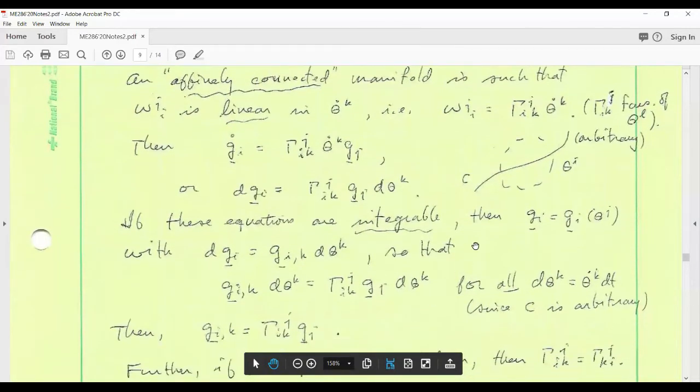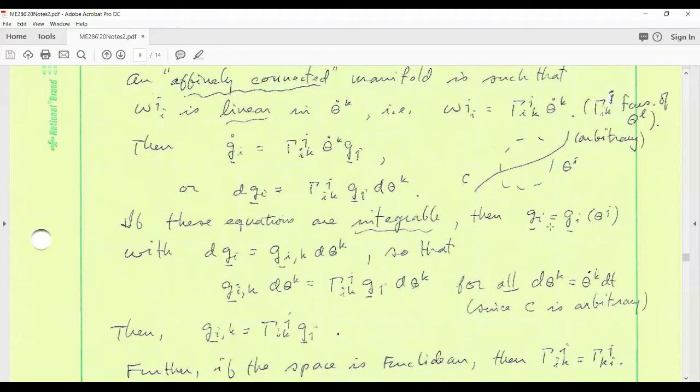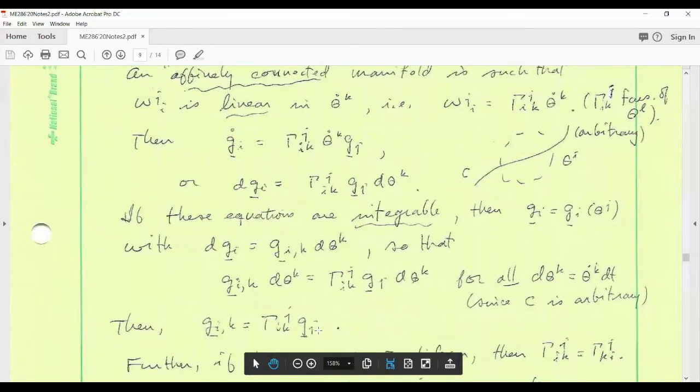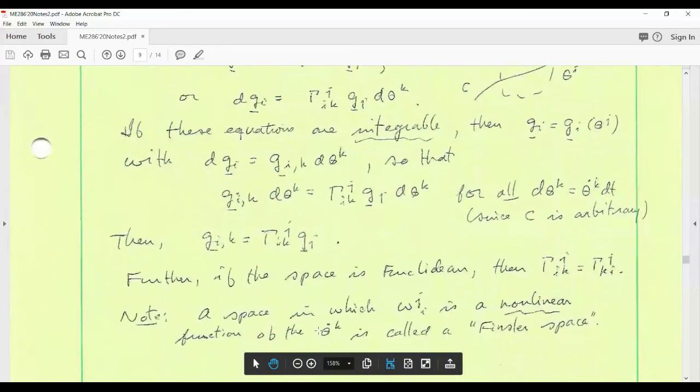Integrability would mean that no matter what curve we consider here, we can always find the g's in the enveloping space. That means this would be true for all d theta k's, that is for all directions theta dot k. In that case, we have these equations, which is how we started our discussion. So we then have gi comma k given in this manner.